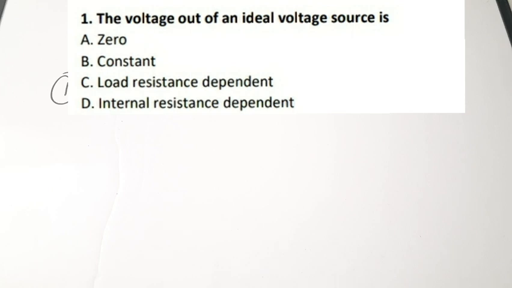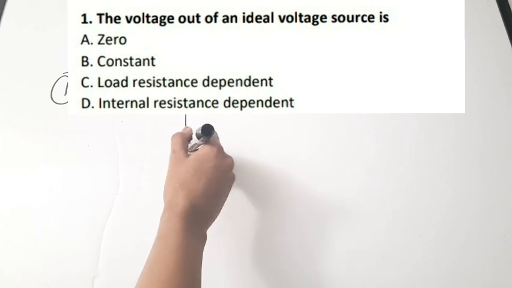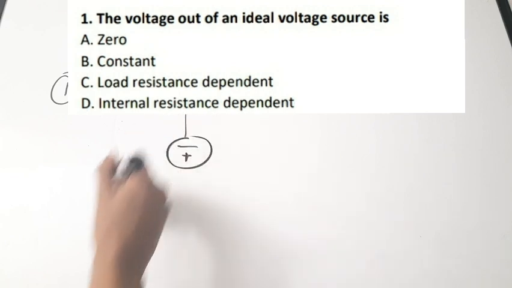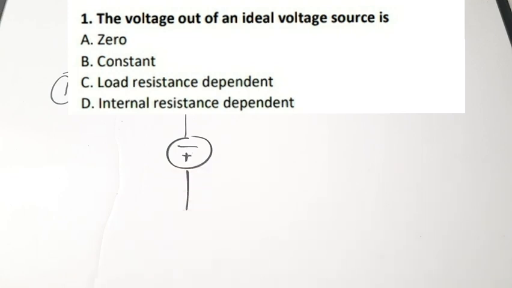A voltage source, generally we represent it using this symbol, right? This voltage source should be providing a constant voltage. So a voltage source should be able to provide a constant output voltage. That is the case of an ideal voltage source.